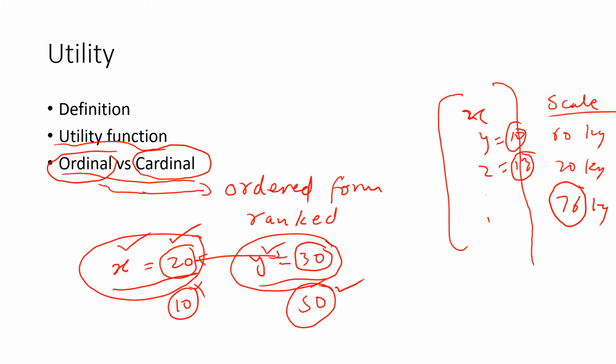So we know that these numbers, the numbers 20 and 10, are not unique and they can have a positive monotonic transformation.